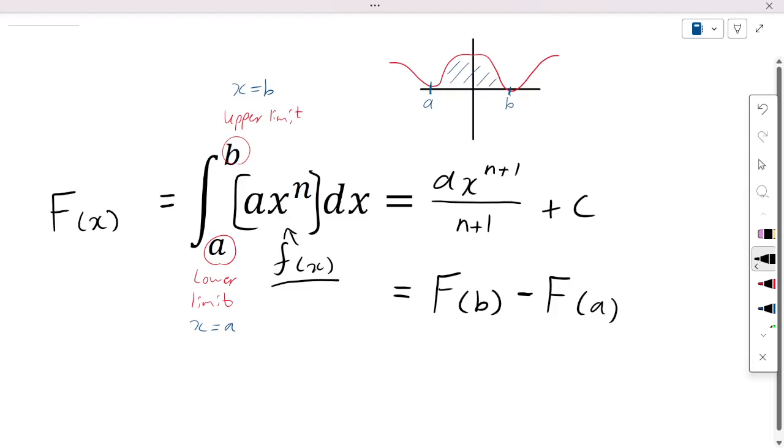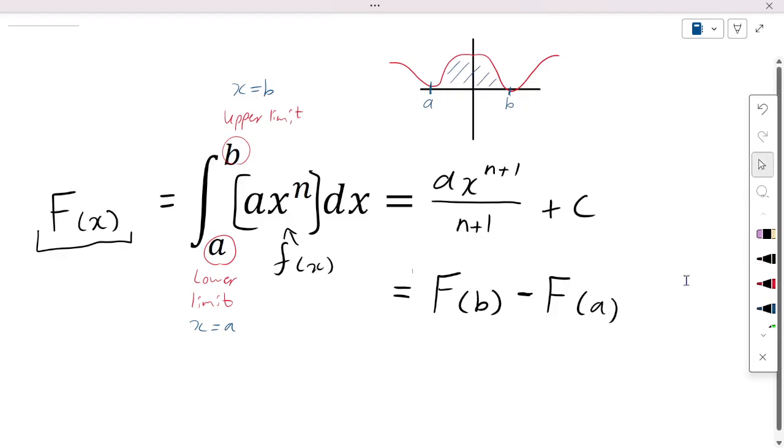Because initially we had f of x, which was the integrand, which we had to take the integral of with respect to x. And now we get this answer, which is going to be capital letter F of x, which is the antiderivative of f of x. And that would also be equal to this over here, right?